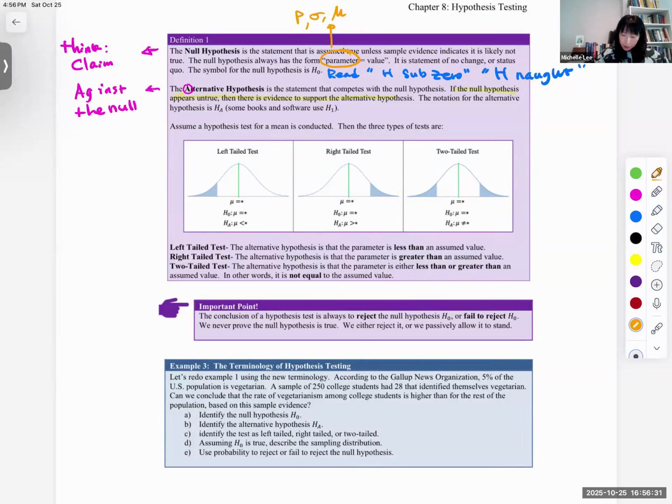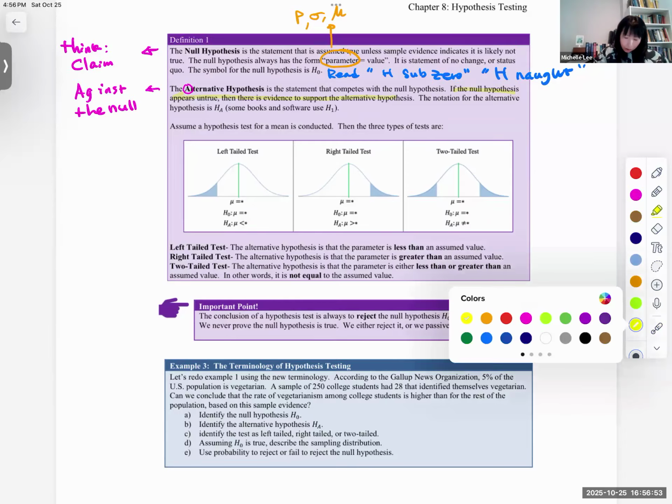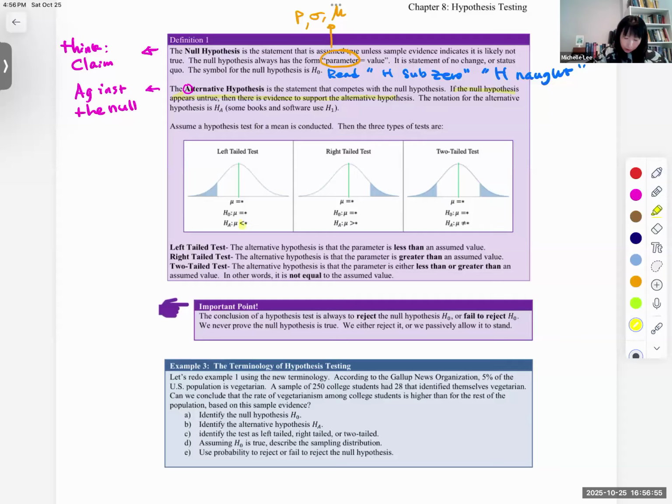All right, so we have a left tail test, a right tail test, and a two tail test. For the left tail test, the inequality symbol points to the left side, so the shading area is on the left side. That's why it's a left tail test.